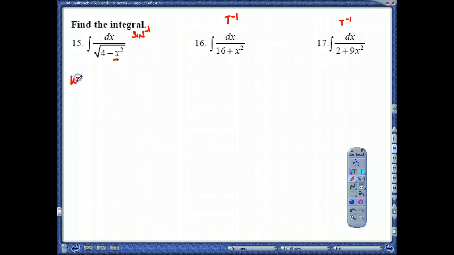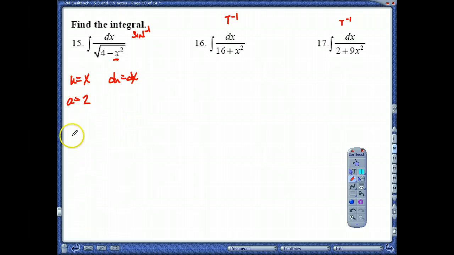So we're going to figure out what u is equal to. Well, u squared is your variable squared. So if you were to square root that, you know u would have to be x. Well, if I took the derivative, that's going to be dx, so that's nice. And then my a, well, this is a squared, so that means a has to be 2.